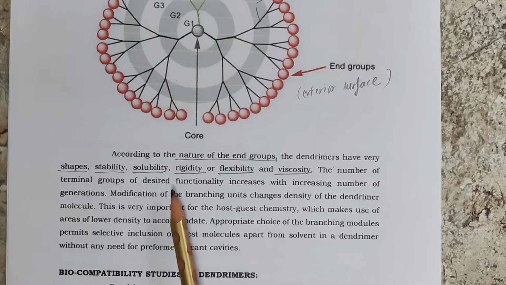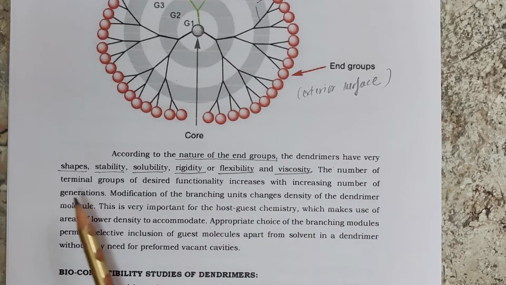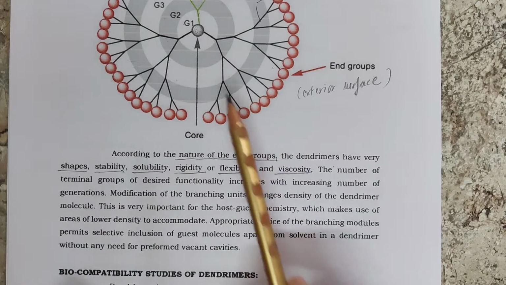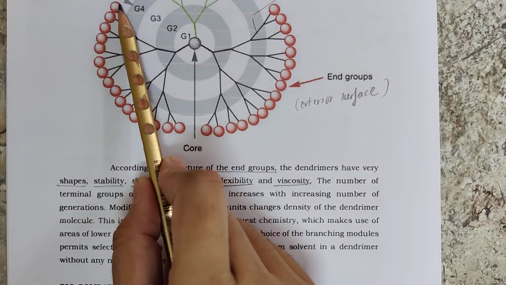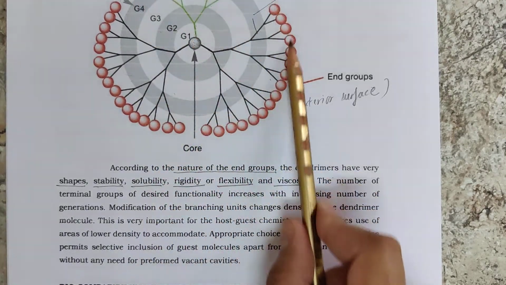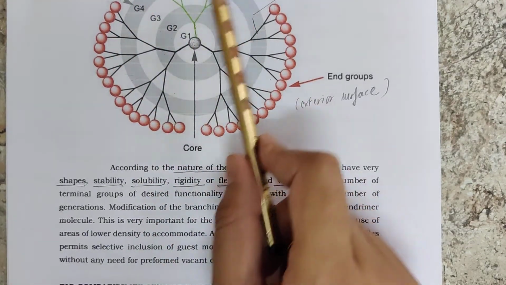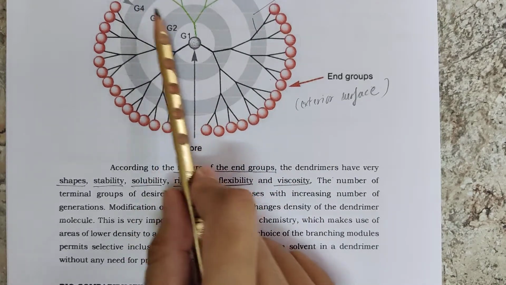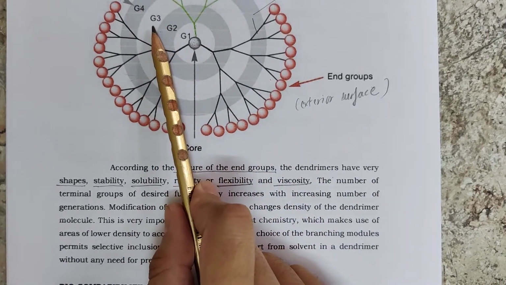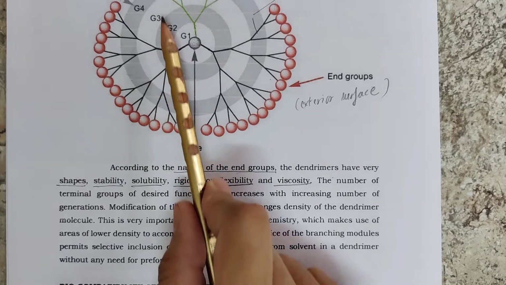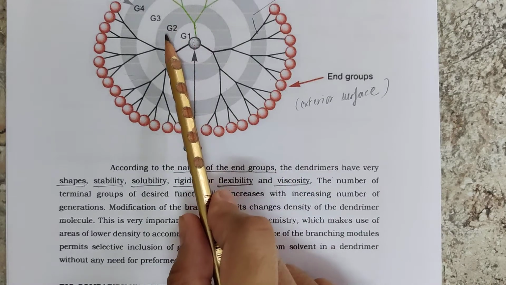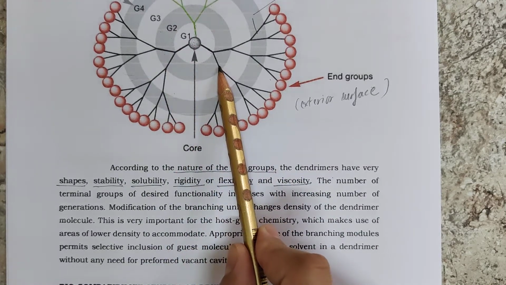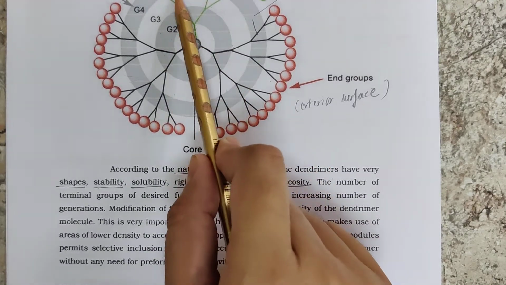The number of terminal groups of desired functionality increases with increasing number of generations. Now, like in this diagram, you could see there are 4 generations, and the branching has increased to a very high level. If we had only second generation branching, then the end groups would have been very less in number: 1, 2, 3, 4, 5, 6, 7, 8.